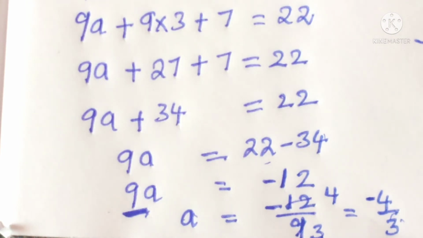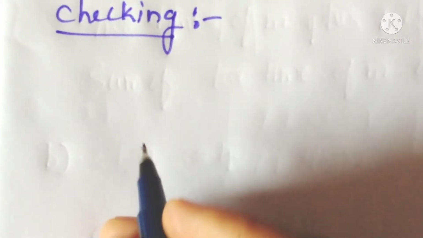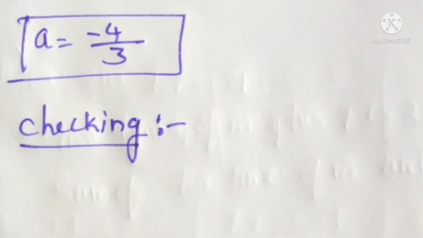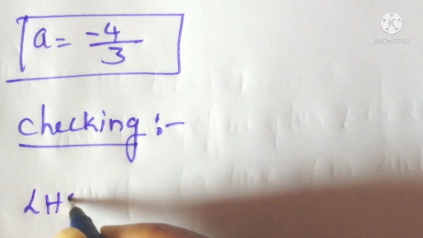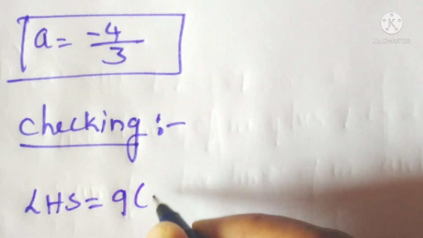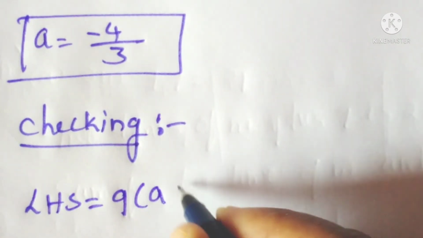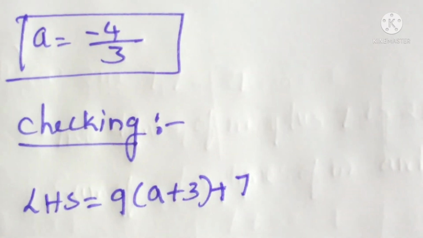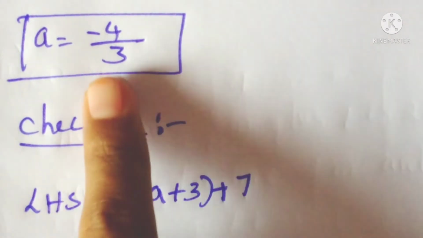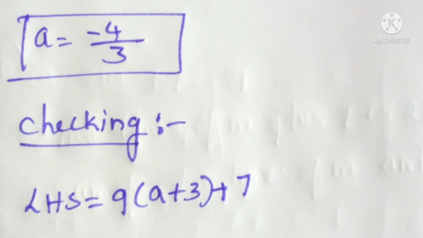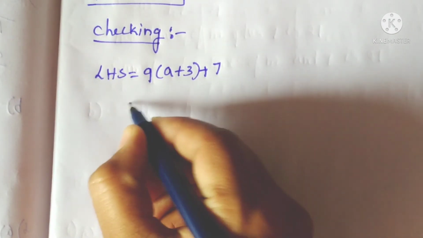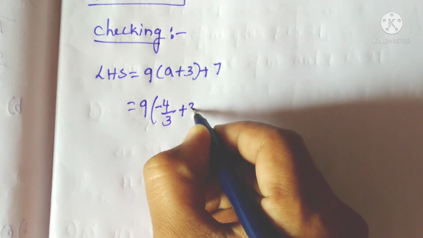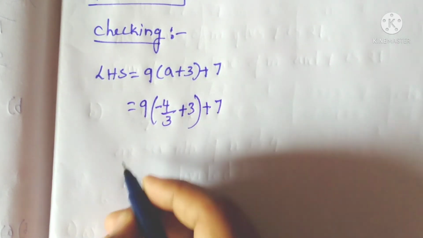Now we will see the checking. So for checking, we will take LHS. LHS is equal to 9 into a plus 3 plus 7. Okay, now substitute a as minus 4 by 3 here. So 9 into minus 4 by 3 plus 3 plus 7.